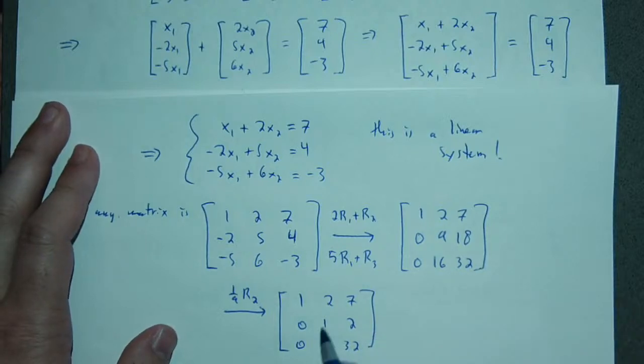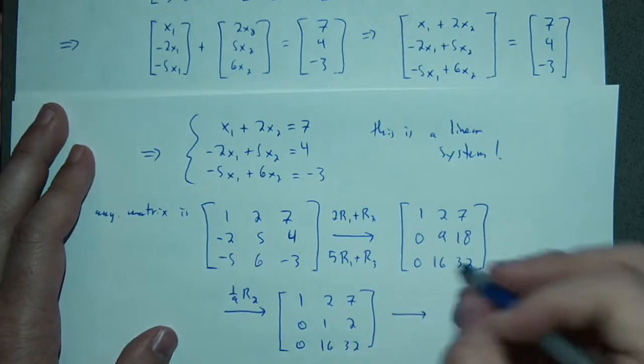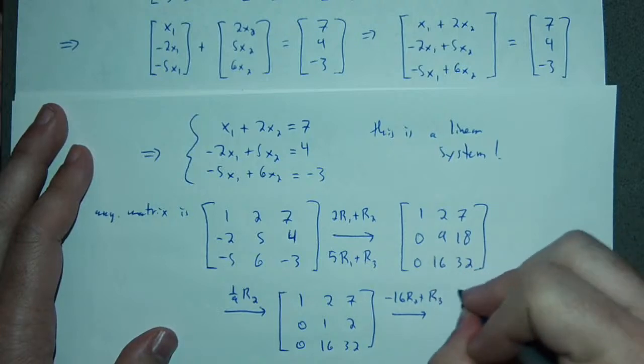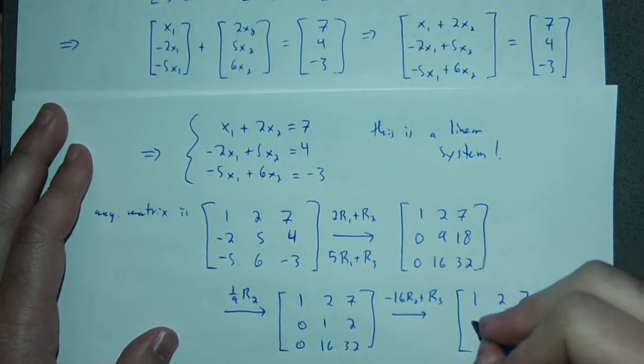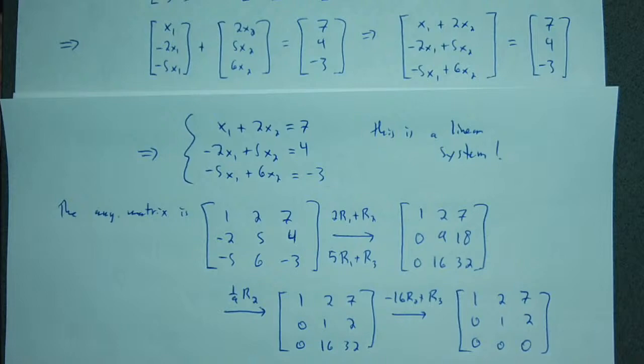I can clearly zero out this entry by multiplying row 2 by minus 16 and adding it to row 3. Replacing row 3 gives me 1, 2, 7, 0, 1, 2, 0, 0, 0. So I have a row of zeros there.